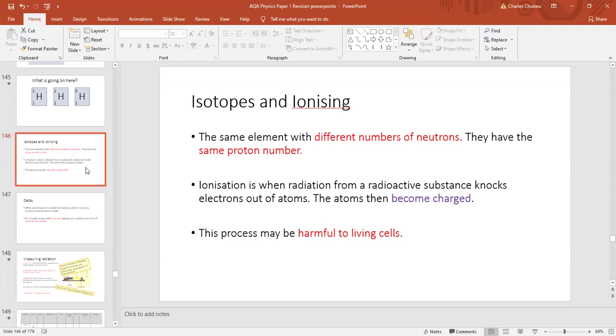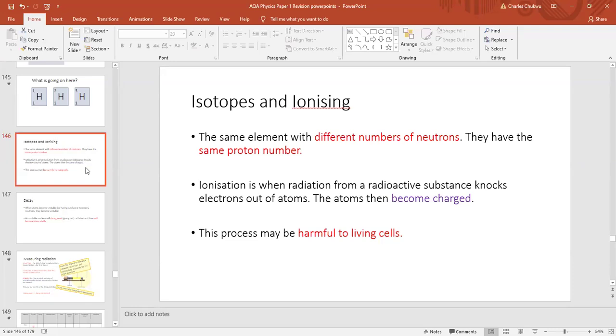The atomic number usually tells us which element we're dealing with. Ionization is when radiation from a radioactive substance knocks electrons out of atoms, and the atoms then become charged. When you knock electrons out of an atom, it becomes positively charged, and if electrons get transferred to it, it will be negatively charged.